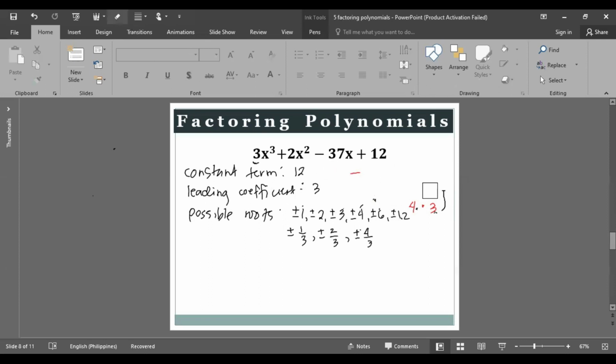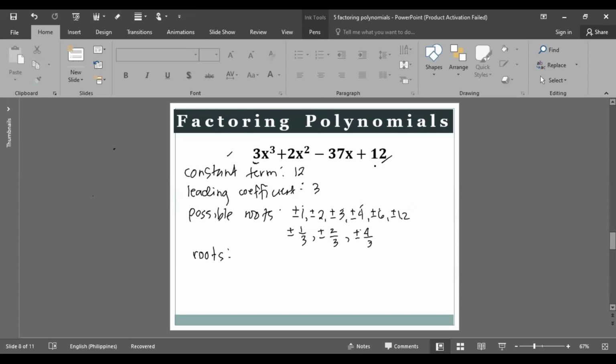So, ang dami, class. Mabuti sana kung mababa lang yung constant term. Pero in this case kasi, class, medyo madami ng factors yung constant term natin. Kaya madami din yung possible roots. But since the degree of this polynomial expression is 3, there will be 3 roots for this polynomial expression.